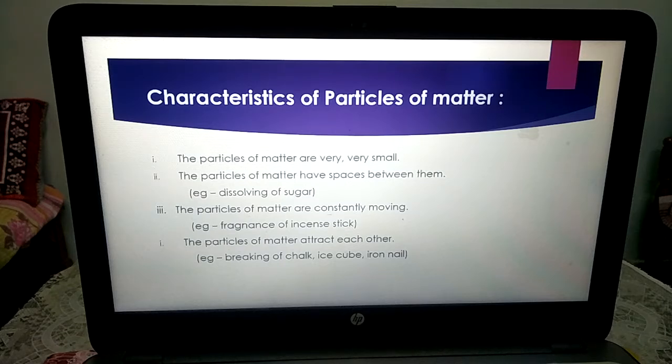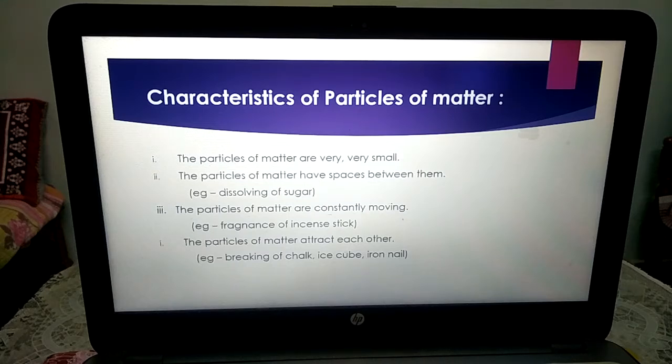Now what is matter? Matter can be sugar, sand, silver, steel, air, water. We can also say it with the five elements: air, earth, fire, sky, and water, meaning Vayu, Prithvi, Agni, Akash, Jal.